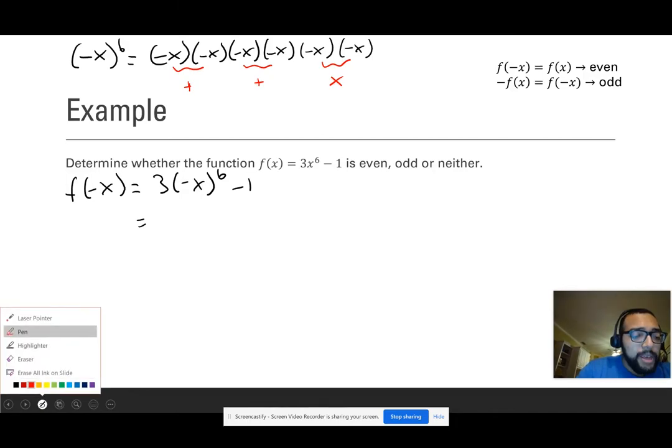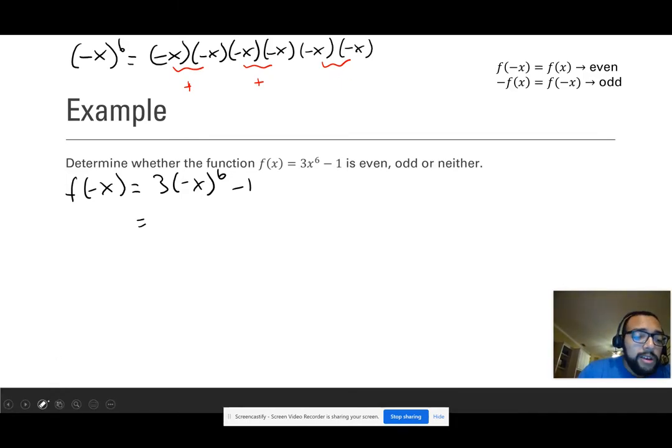I'll figure out the exponent in a second, but I at least know that this result will be a positive number. I'm multiplying a negative times a negative 6 times, and I end up with a positive value. In this case it's just x to the 6, because they're all exponents of 1. So this first part is going to be 3 times negative x to the 6, which is just 3x to the 6.